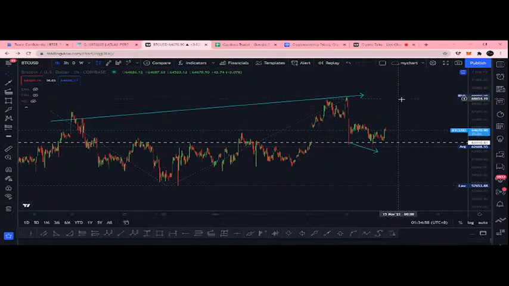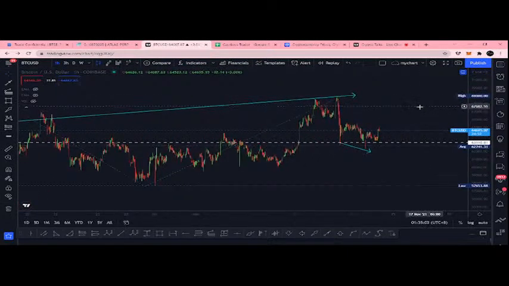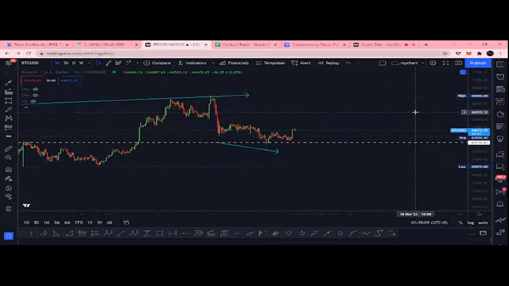So on a positive note, I'm looking at $69,000 as a possible immediate resistance area, of course, the all-time high.